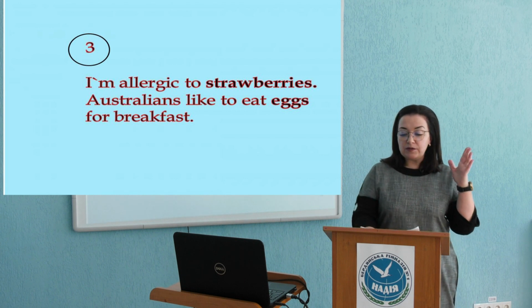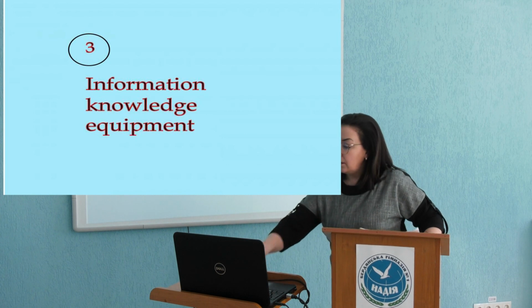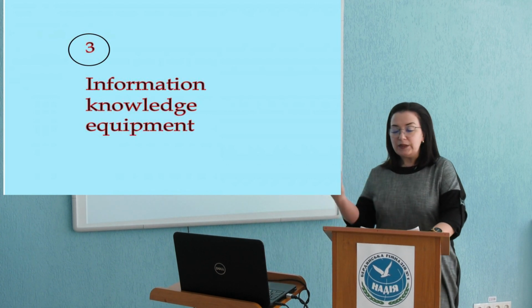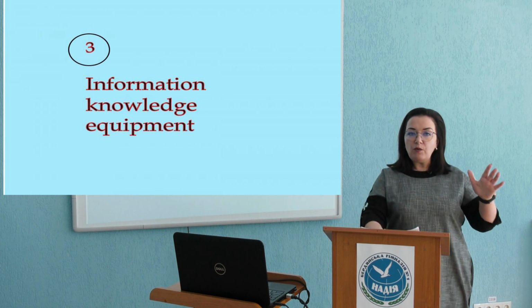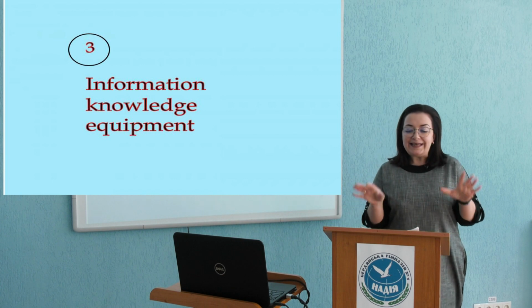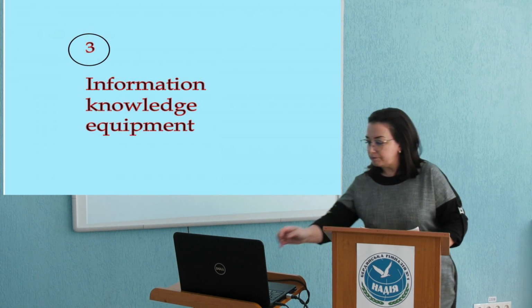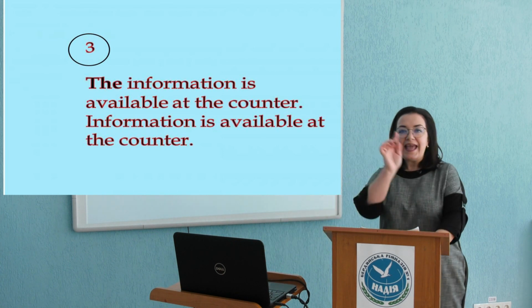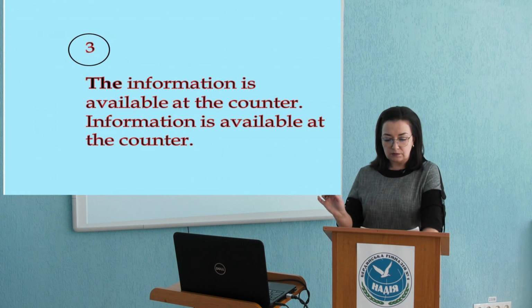If you are talking about something that is uncountable, like, for example, information, knowledge, equipment, then just use the noun in its original form, because obviously it doesn't have a plural form at all. So, for example, the information is available at the counter.